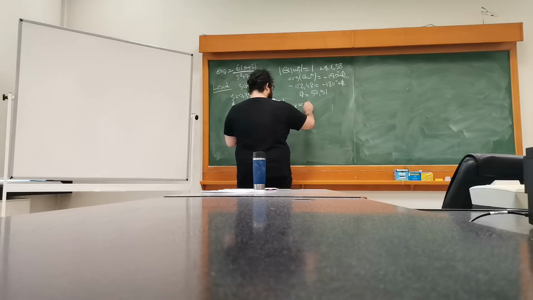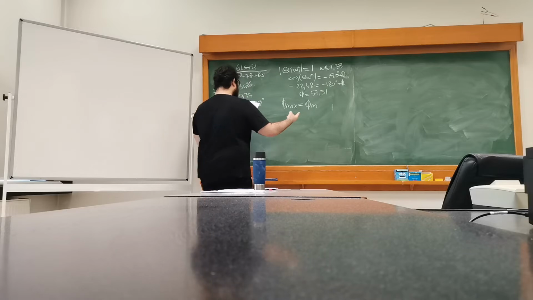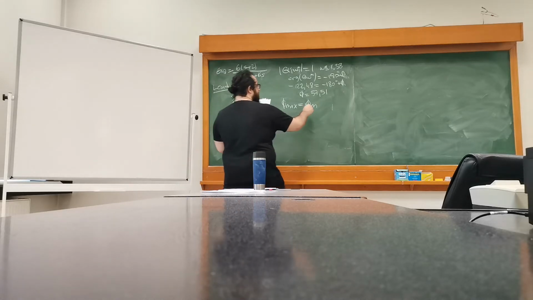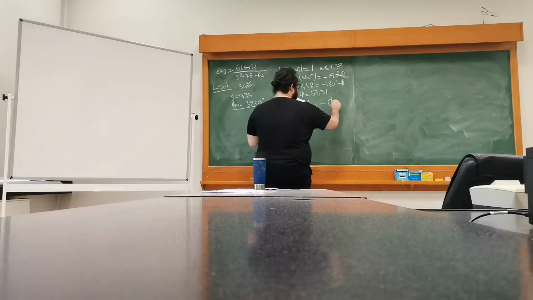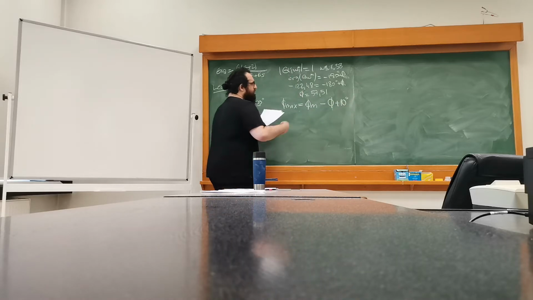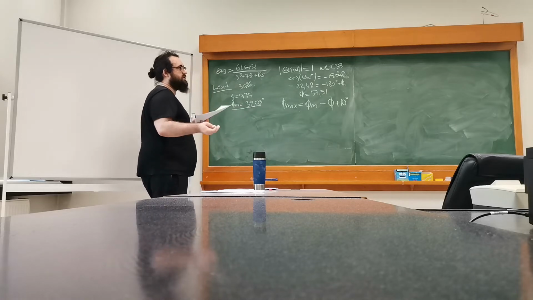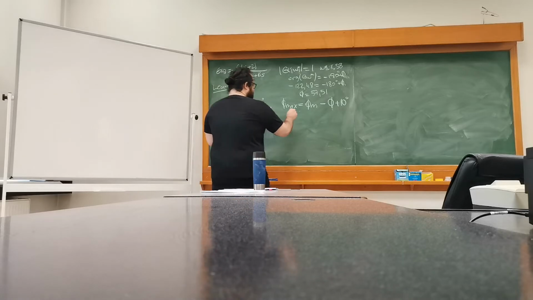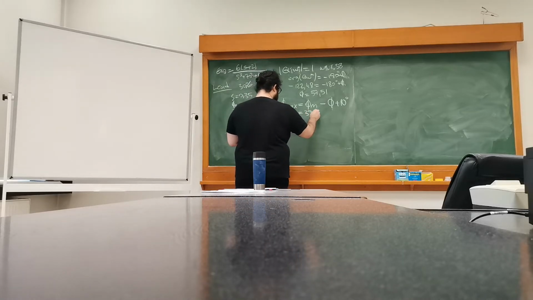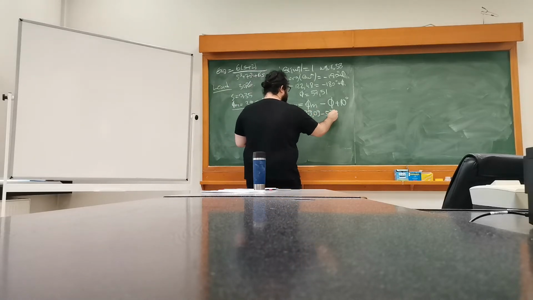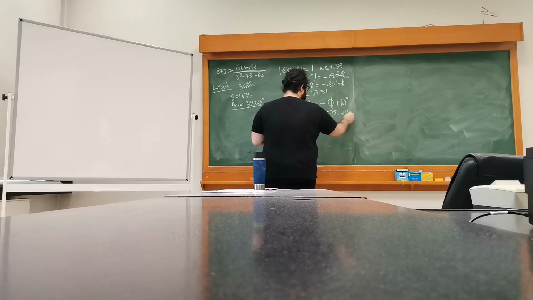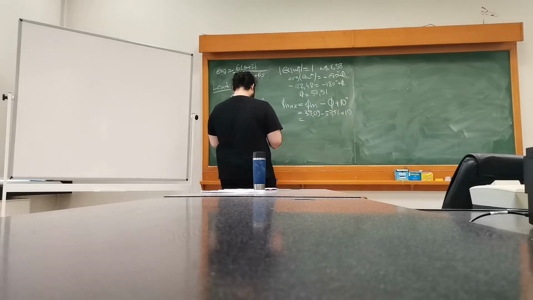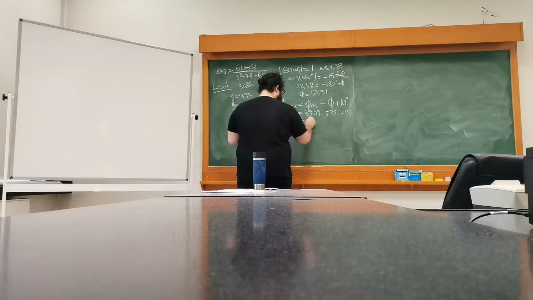Phi max will be the phase margin that we look for, minus the system's phase value, plus 10 degrees. Again, we add 10 degrees as a safety margin. So this value is 39.09, this value is 57.51, and then plus 10 degrees gives us phi max of minus 8.42 degrees.